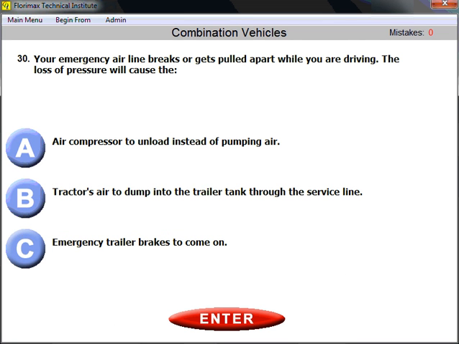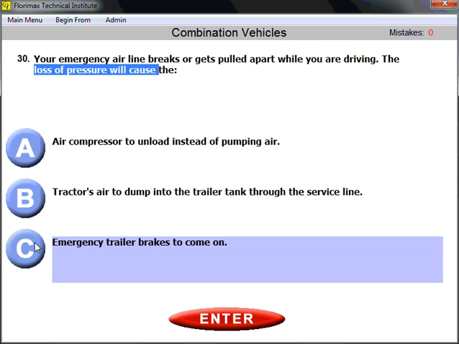Question number 30. Your emergency airline brakes get pulled apart while you are driving. Your emergency line, the red one. And now the loss of pressure will cause what? Emergency trailer brakes to come on. Again, simple logic.